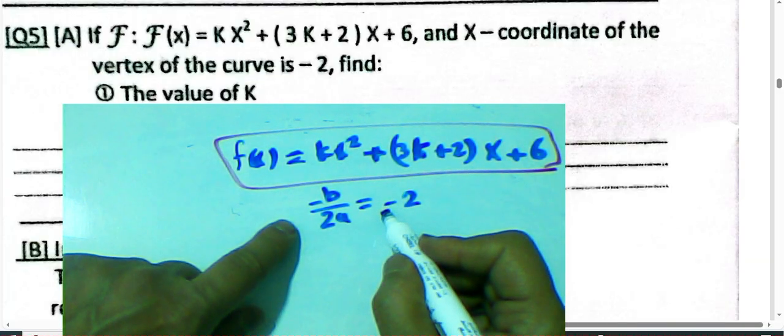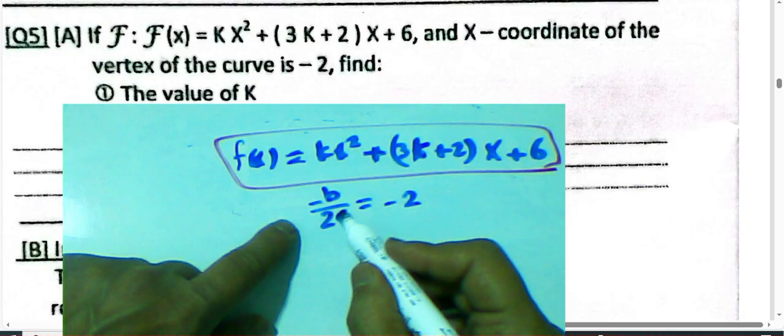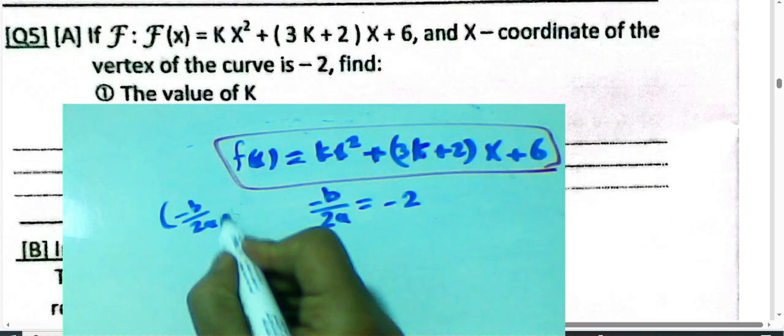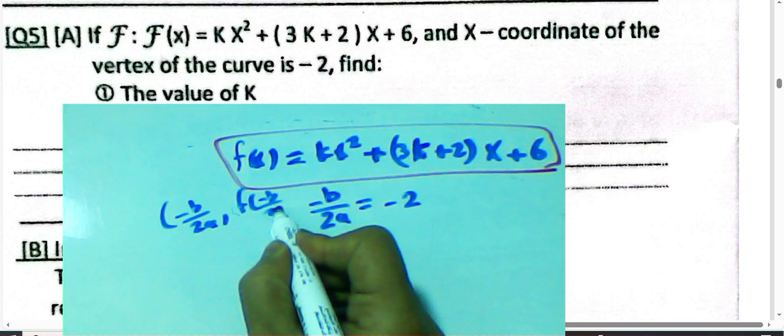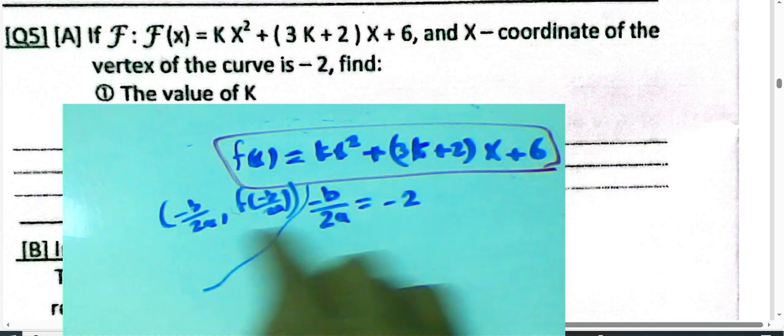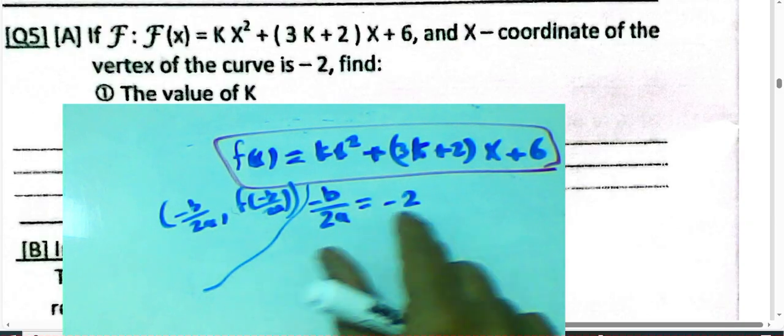Do you remember the vertex is negative b over 2a and f of negative b over 2a? That is the vertex of any curve. He gives me this information: the x coordinate, meaning negative b over 2a equals -2.